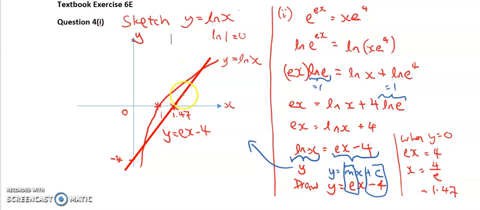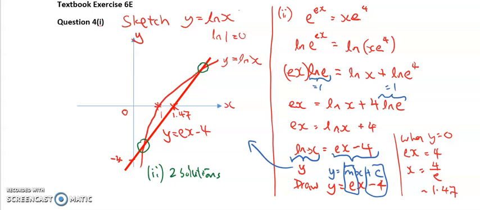With the 2 graphs drawn, the solutions are at the intersection points. Therefore for part 2, there are 2 solutions. They ask you how many solutions, they did not ask you to find the solution, so you do not need to give the exact value of the solution.